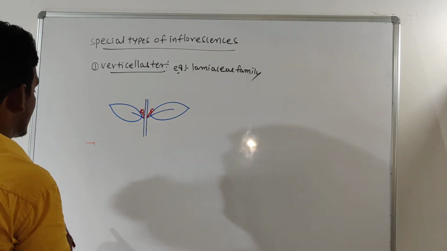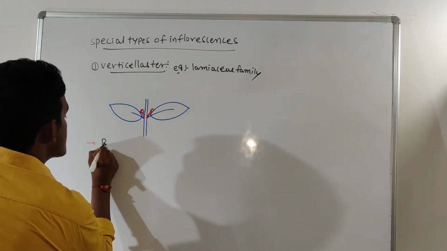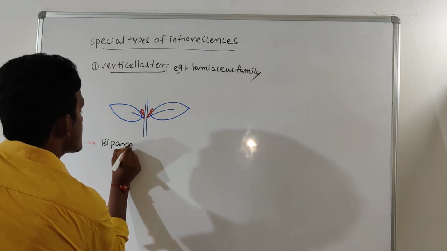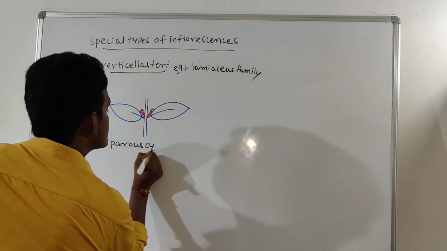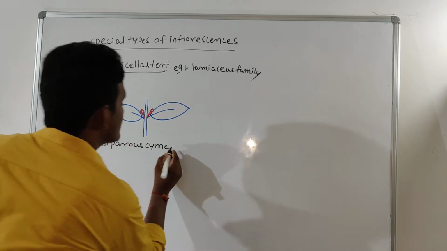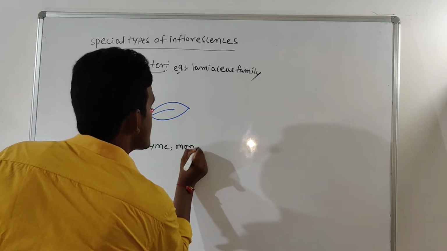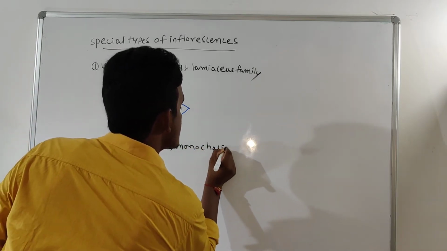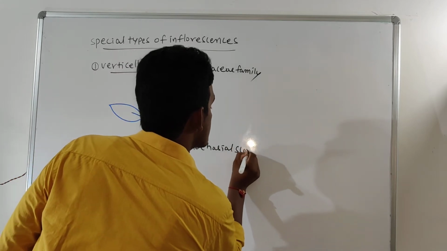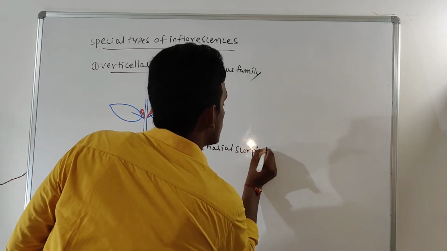So first it behaves like a biparous cyme, and later like a monochasial scorpioid cyme.